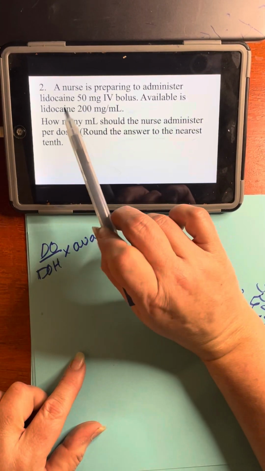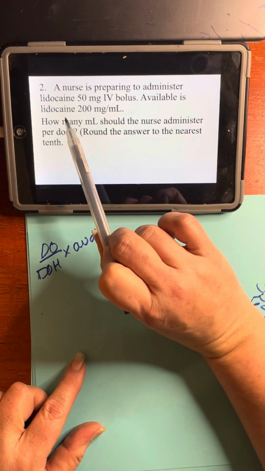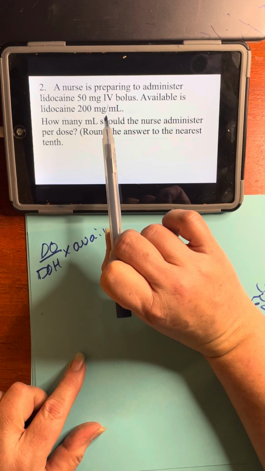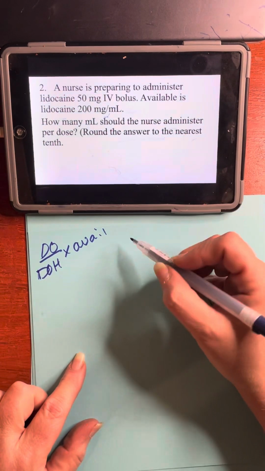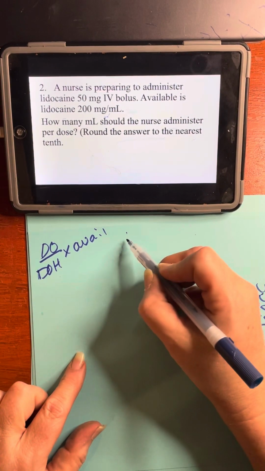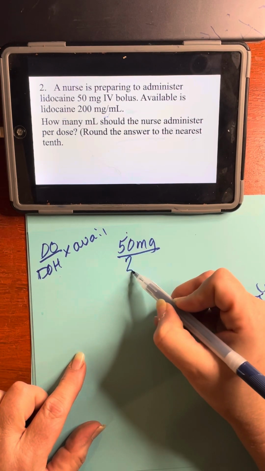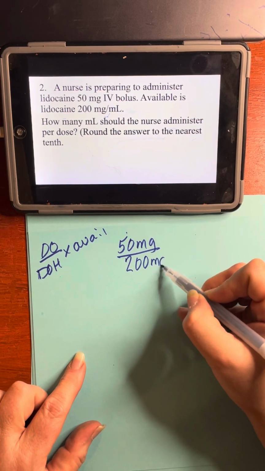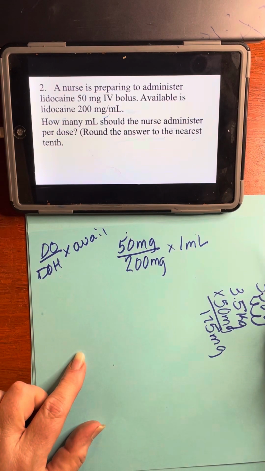Available, what you have in your hand, is always going to have that per in it. You see that per? So 50 milligrams is what he wants. What I have is 200 milligrams per 1 mL.